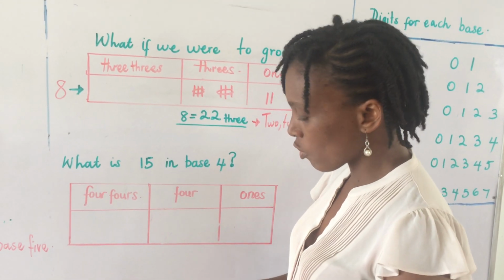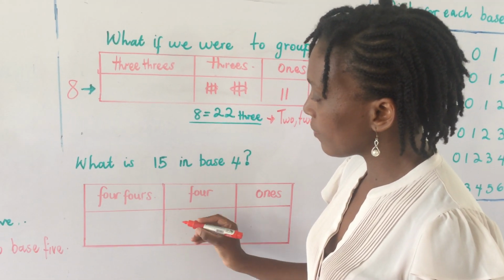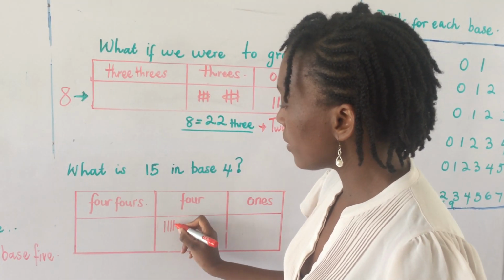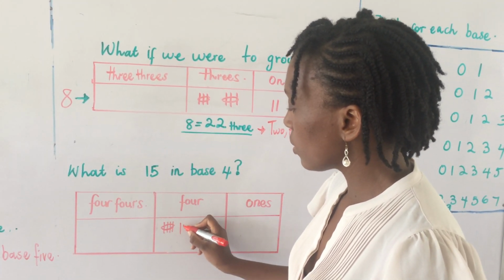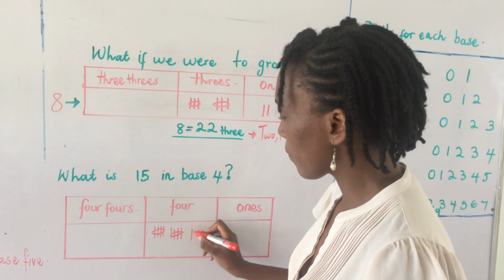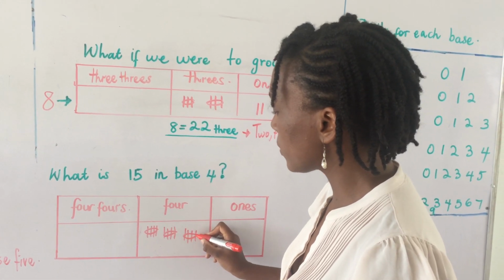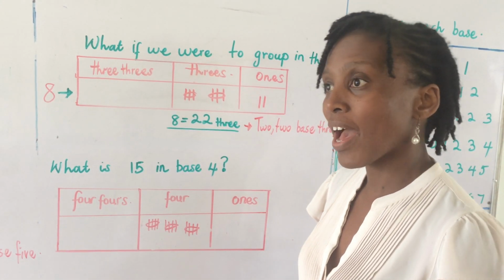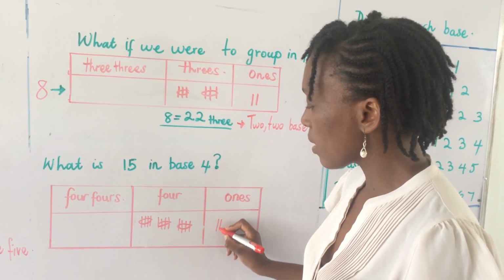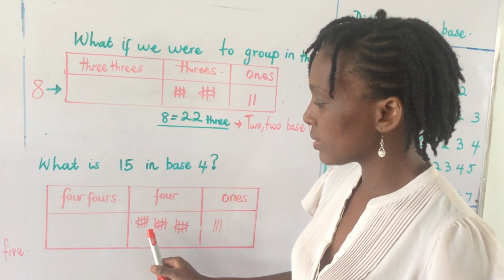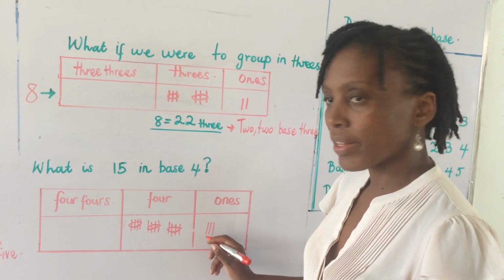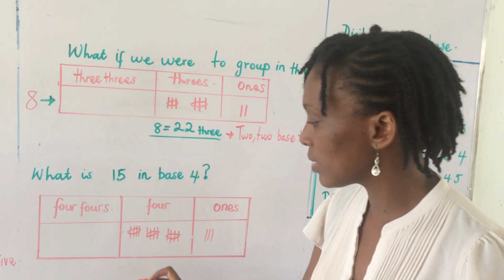So we are going to group in 4s. Together we have 1 group of 4, 2 groups of 4 gives us 8, 3 groups of 4 gives us 12, and we can't make another group of 4, but we have 3 ones. 4, 8, 12, and the 3 ones gives us 15.